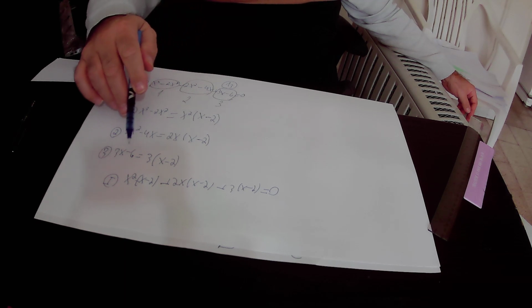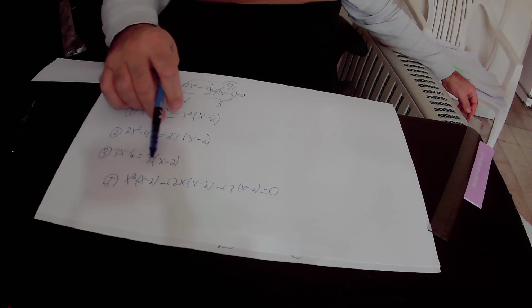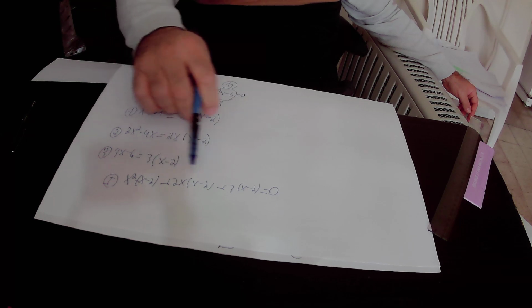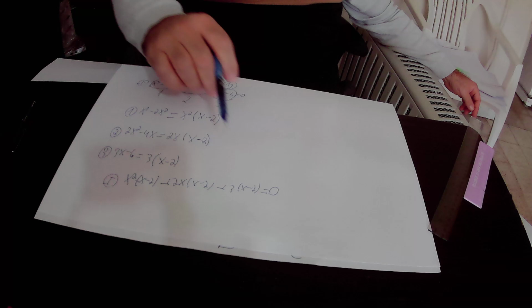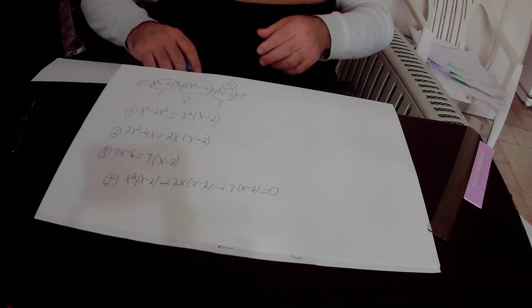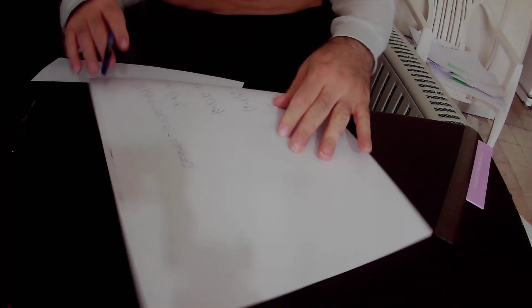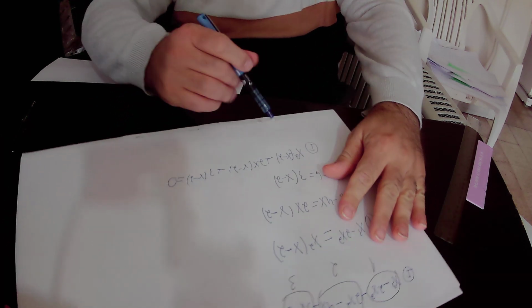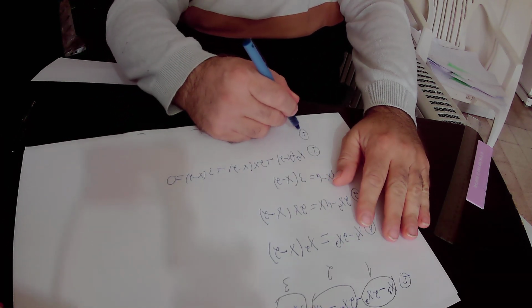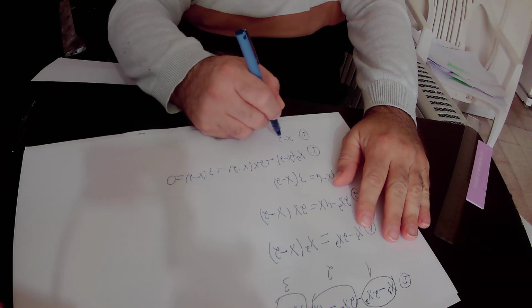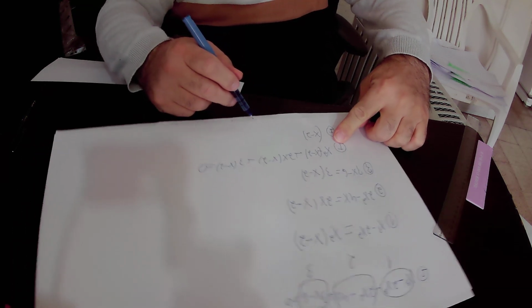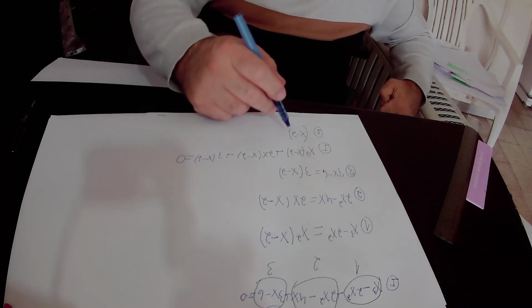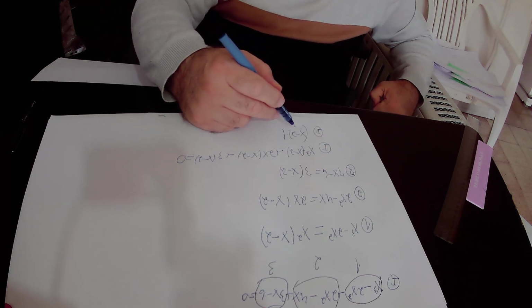Okay, here we will take a common factor of x minus 2 out of equation number 1. x minus 2 is a common factor. So what is left from x squared times (x minus 2) after we took x minus 2 as a common factor?